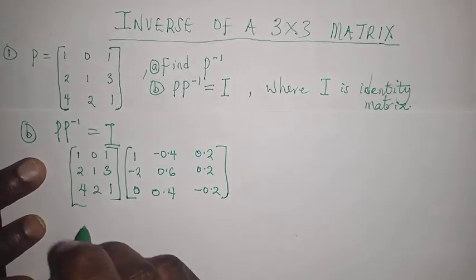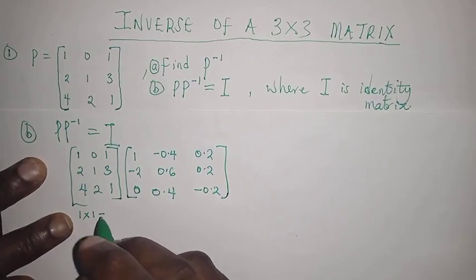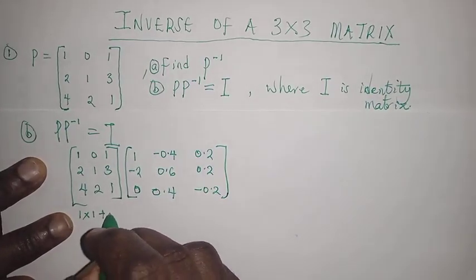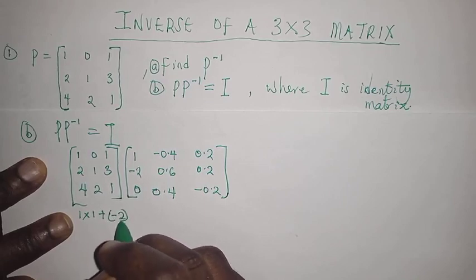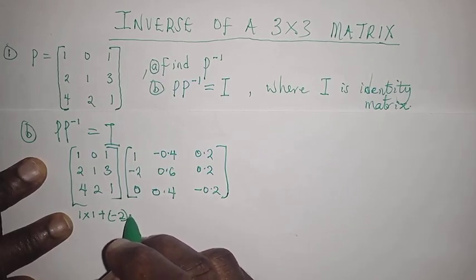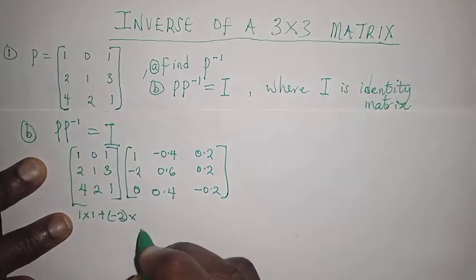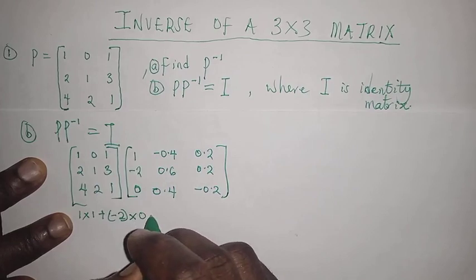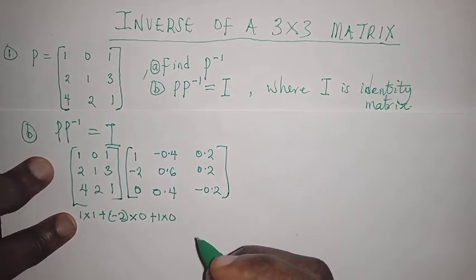So let's quickly multiply. So this is going to give us 1 times 1 plus 0 times minus 2 plus 1 times 0.